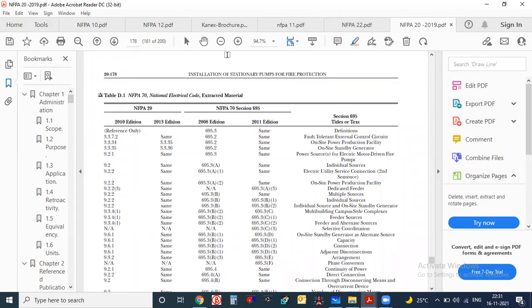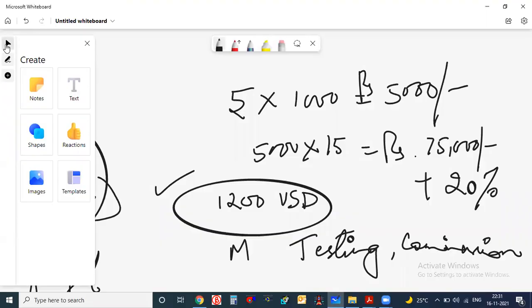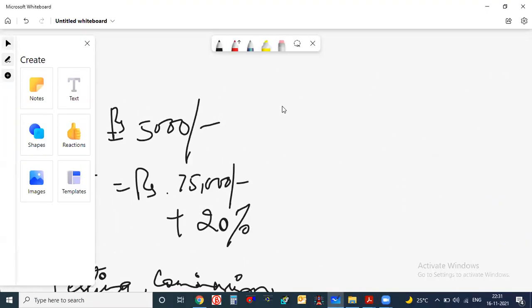What are the classification and construction, how the pumps are constructed, those things are given. And one table is given, the important pipe sizing table. And certain clauses are given for the fire pump, like suction side, discharge side, valve packages, and any electrical requirements are given here.